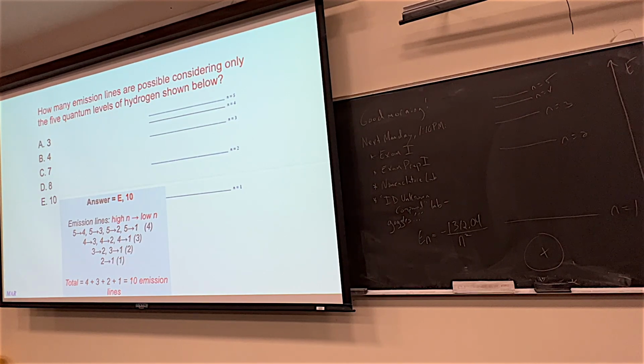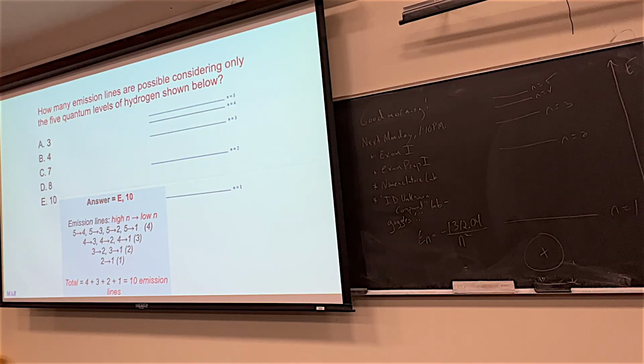Now, bonus question, where did the lines stop? What was the final n value for the visible lines in the hydrogen spectrum that we calculated last week? Yeah, my man. They all ended up at n equals 2, all right?